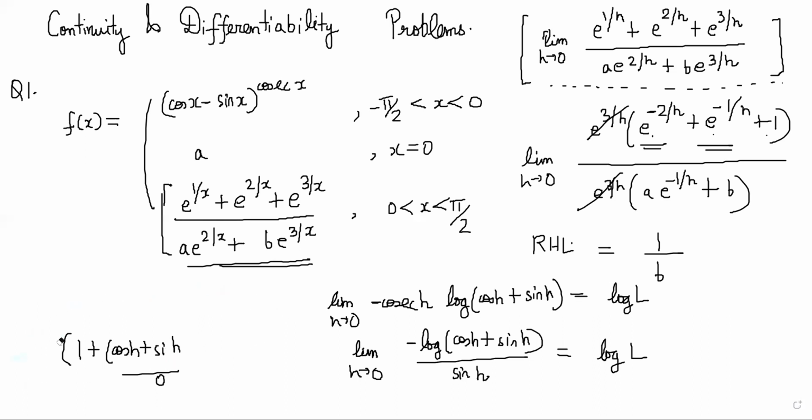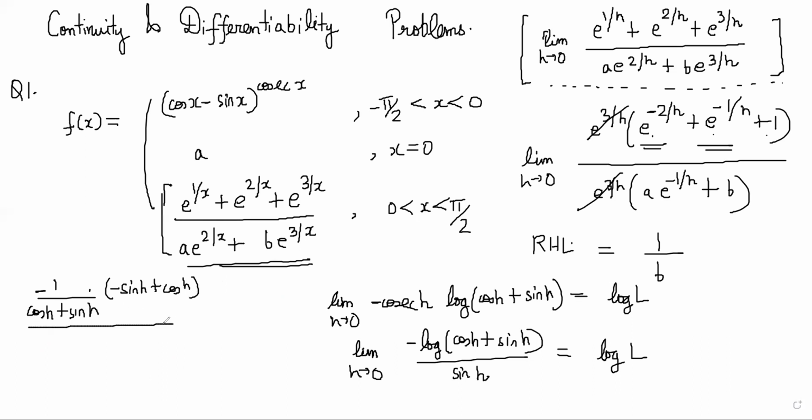It is not so hard to differentiate, and one differentiation will solve it. So minus 1 by cos h plus sin h multiplied by minus sin h plus cos h, divided by 1 by cos h.